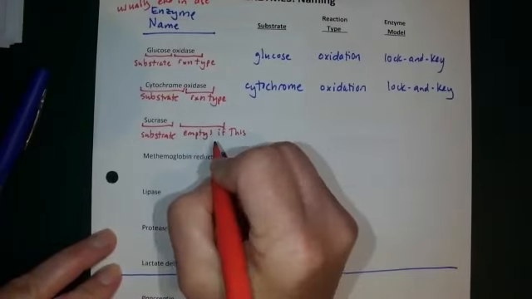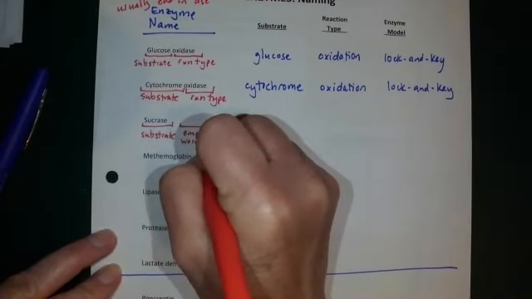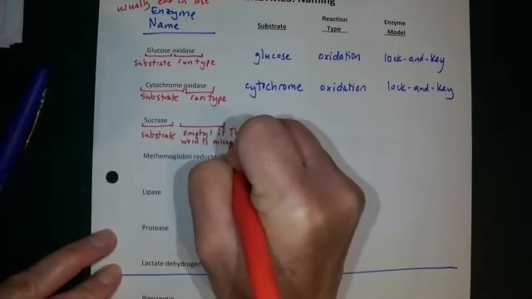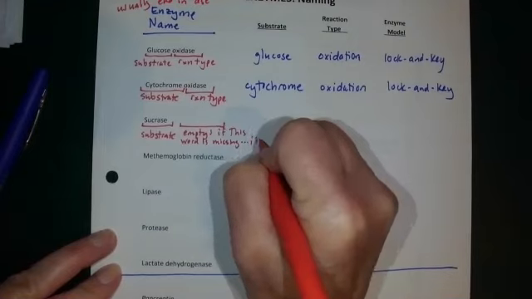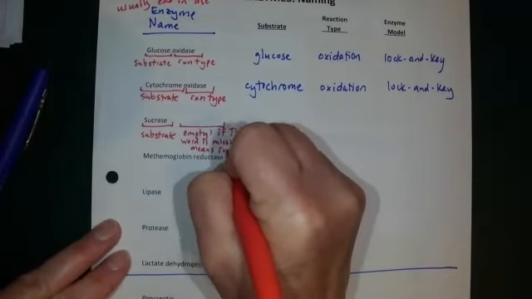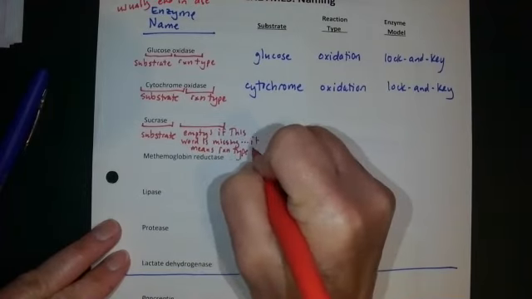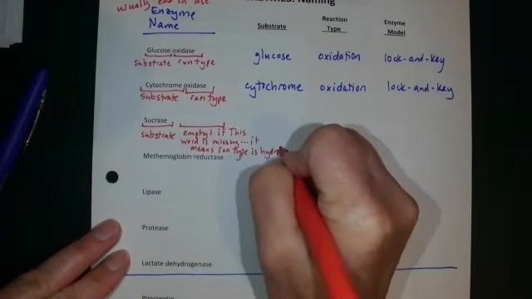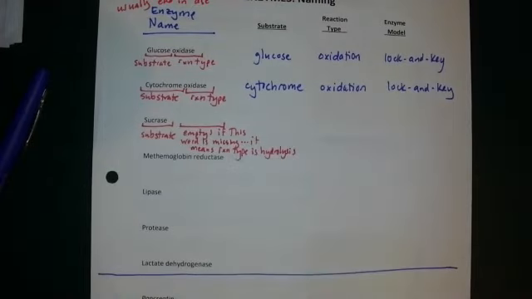Here's what to do about that. If this word is missing, in other words, if there is no second word, it means that the reaction type is hydrolysis. That's a common reaction type. We've been seeing this bit by bit over the last few weeks.